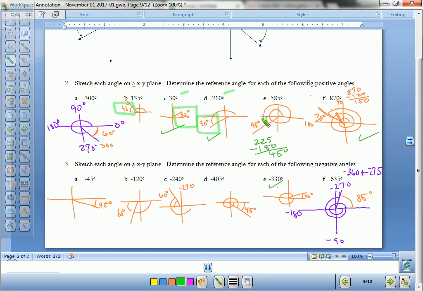Alright. Now, this one is 45. This one is 30. This one is 45. This one is 60. 45. 30. Okay? Look at these numbers that you see over and over again. 30, 60, 45. Do you think that has something to do with the special right triangle?